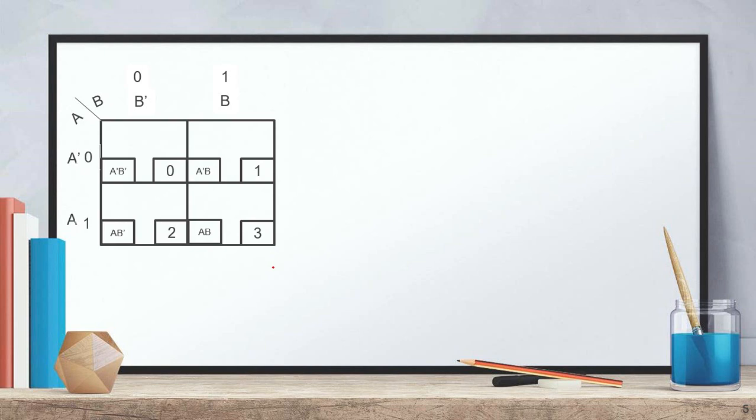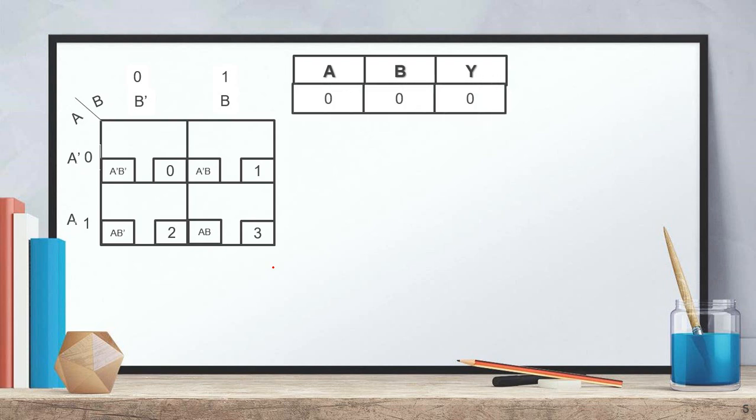Now, how to make the truth table into the KMAP? That is called truth table representation in the KMAP. Suppose we take one example with A, B, Y, where A is the MSB bit, B is the LSB bit and Y is the output. First example 0 0 0, so A, B is 0 0 and Y is 0.